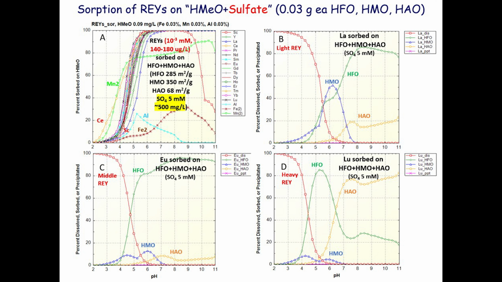With europium, it's now almost entirely associated with iron, and the same with lutetium. This is because of sulfate adsorption on the iron oxides, which enhances iron as an effective agent for recovering these rare earth elements.